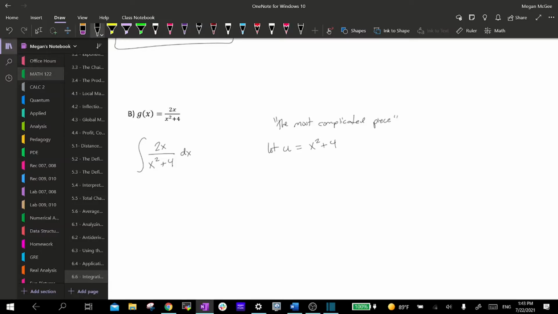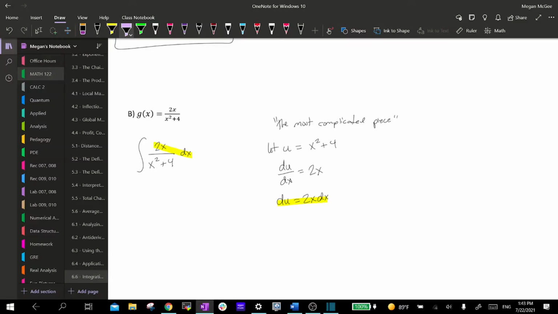If we take the derivative, we end up with 2x. The derivative of a constant is 0, and we use our power rule, so we get 2x. That works out well because we have a 2x right up here. So du is this 2x dx, which we have right there. So this becomes our du.